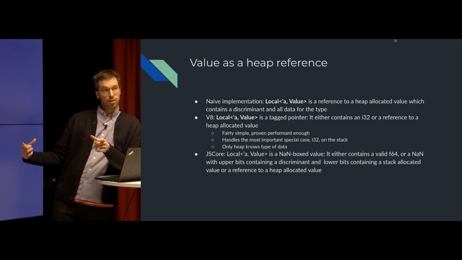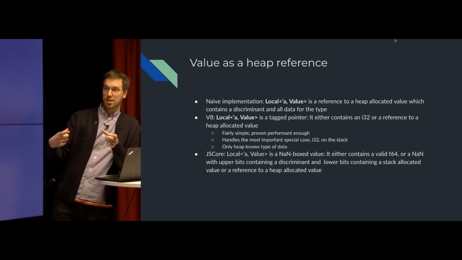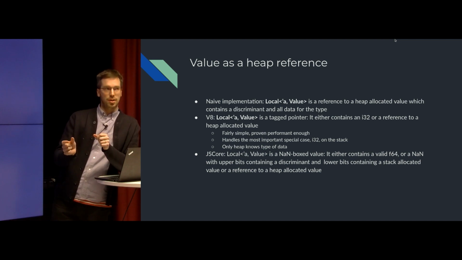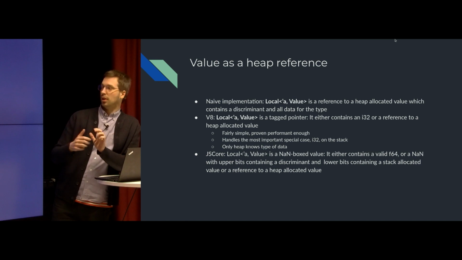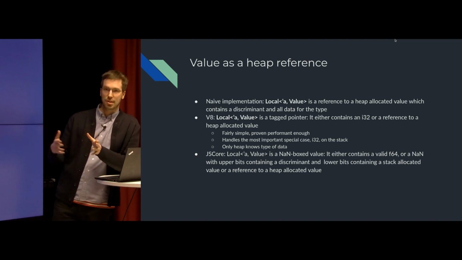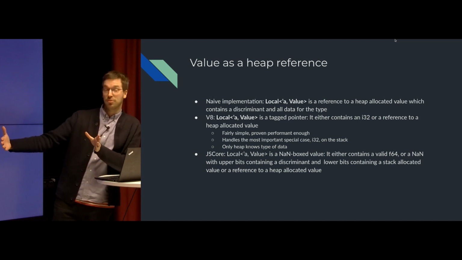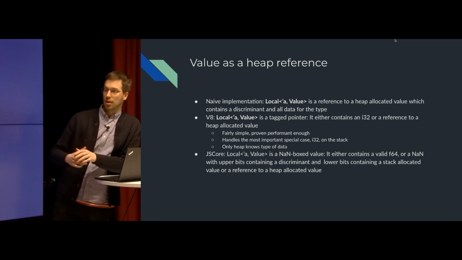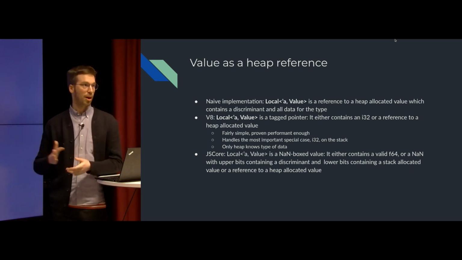Either their value is a valid double, F64, or it's not a number, in which case the 3 upper bits of the mantissa after the signaling bit contain a tag which then tells whether the bottom 48 bits are going to be a pointer, or some stack value like an I32 or something.